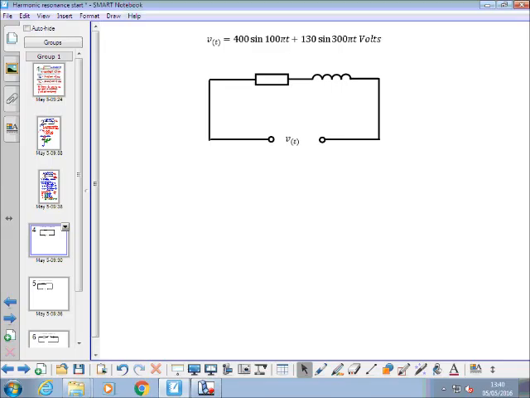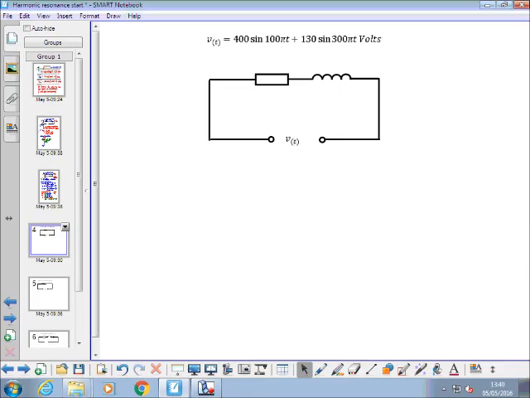That just happens to be 50 hertz, like 50 hertz mains. You get the frequency by dividing the number in front of pi by 2. Added to that is a component of 130 volts magnitude, 300 pi t. So it's the third harmonic. Neither of them has a phase shift.